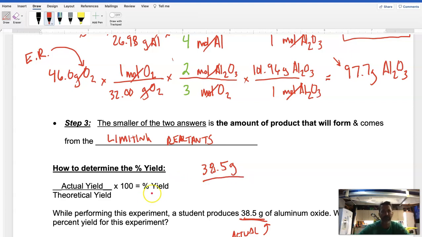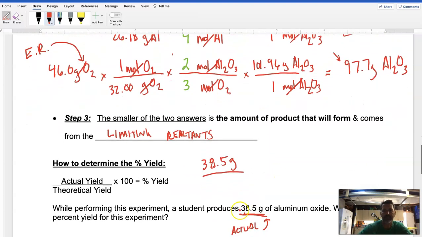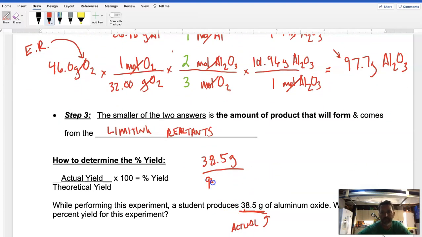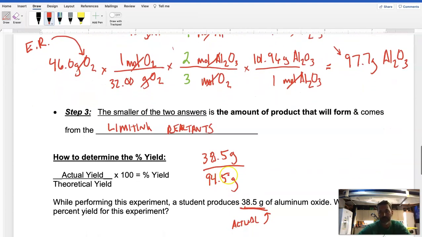The theoretical yield is what we just calculated. It's 94.5. It's the smaller of the two numbers. So 94.5 grams. Remember, that's what we are supposed to get in a perfect world. We actually got 38.5. This is not a good percent yield at all. We lost a lot of product somewhere in the process.